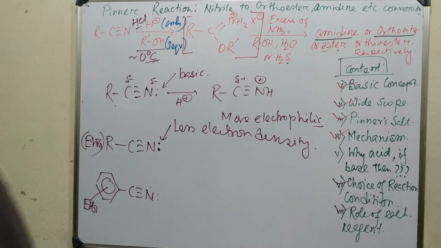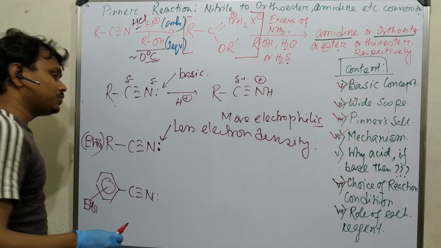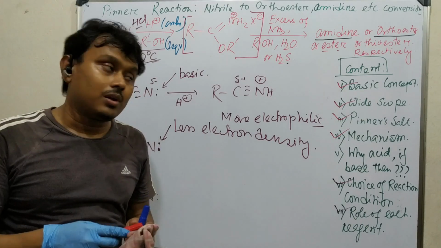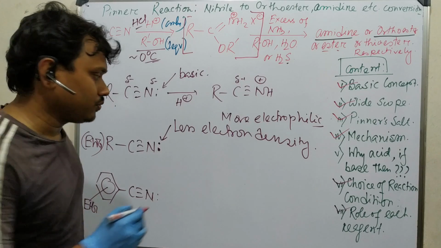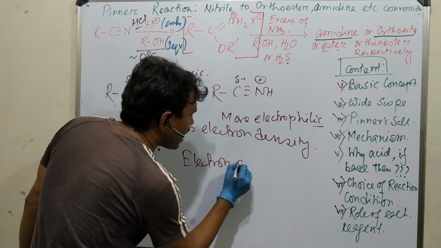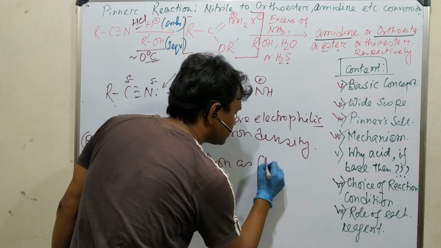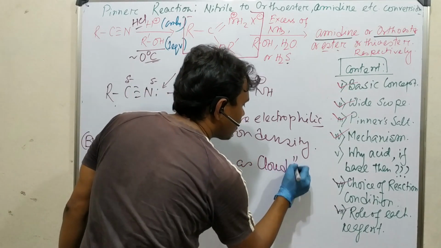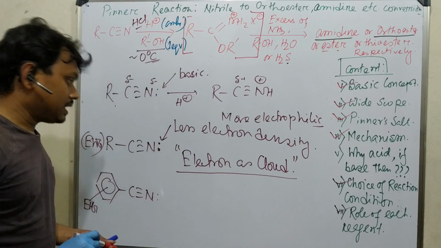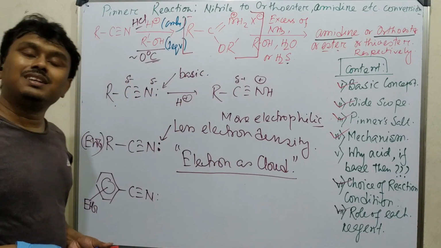Why? Because sometimes we consider the electron as a particle, a ball, but the majority of the time it is better to consider the electron as a cloud. This is my personal opinion, it makes the picture a little easier.